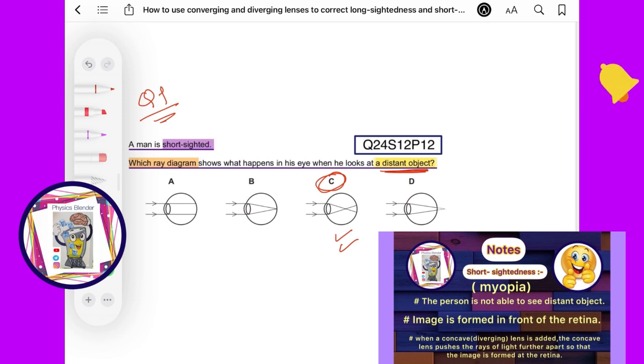That's why we are using diverging lenses to correct short-sightedness. Is it clear? So the answer of this one is C. They are seeing far away objects blurred.